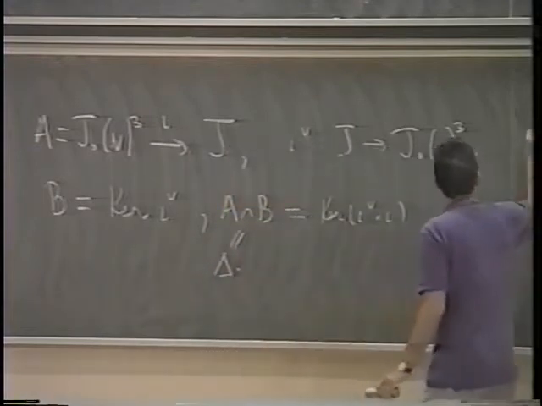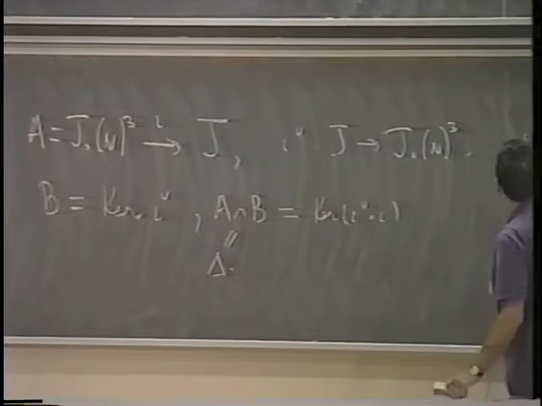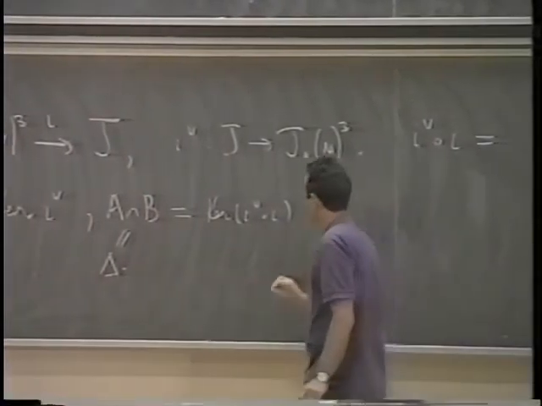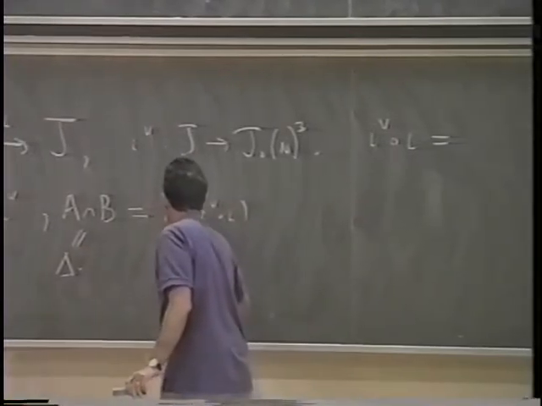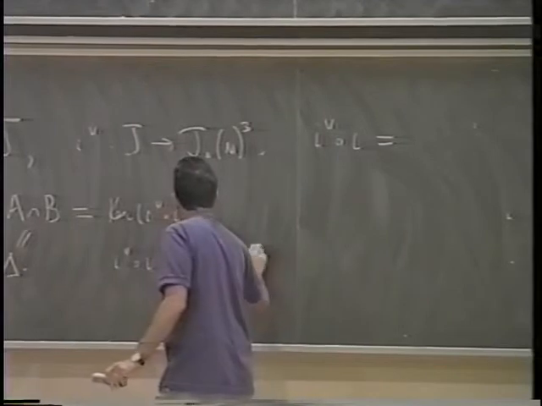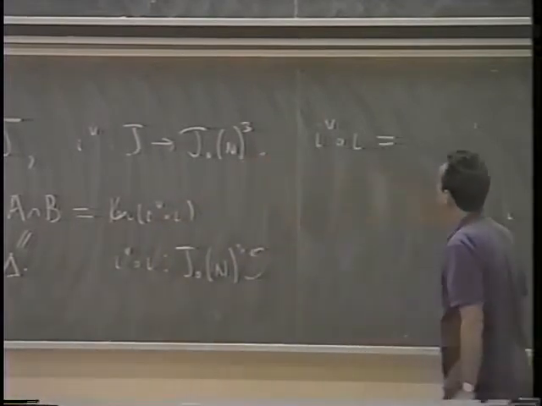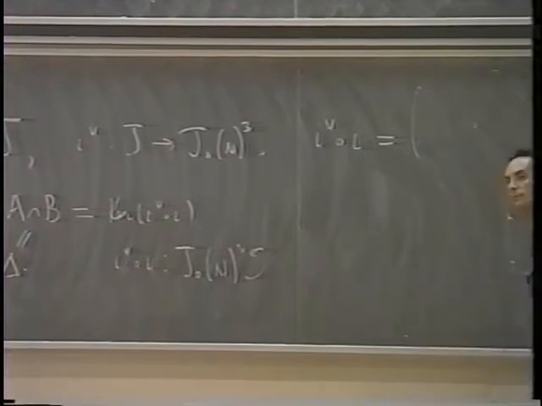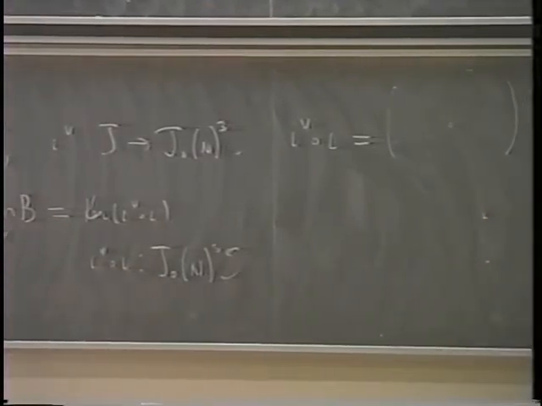And on the other hand, iota check composed with iota is nothing other than a map from J0 of n cubed back to itself. So we can think of this as a 3 by 3 matrix. Of course, I'm not going to write down the 3 by 3 matrix.